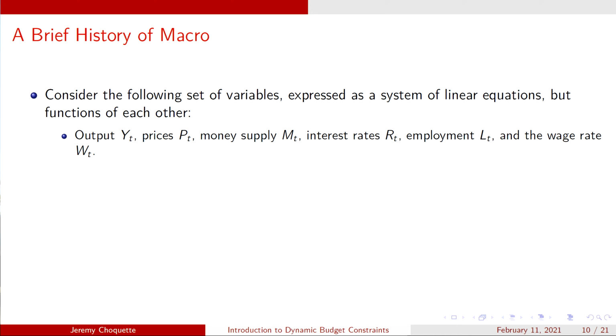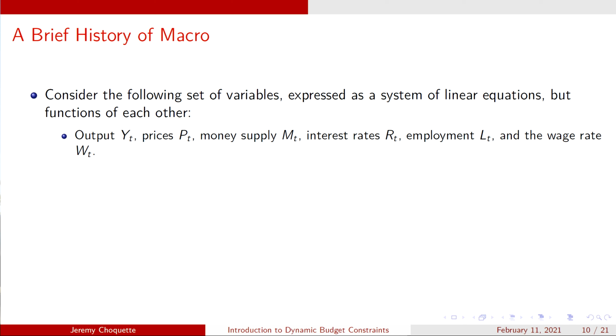So what I'm arguing here is that current output is a function of lagged prices, lagged money supply, lagged interest rates, lagged employment, not unemployment, and lagged wage rates. Prices are a function of lagged output, lagged money, lagged interest rates, lagged employment, lagged wage rates, and so on and so forth. They're all functions of lags of each other.